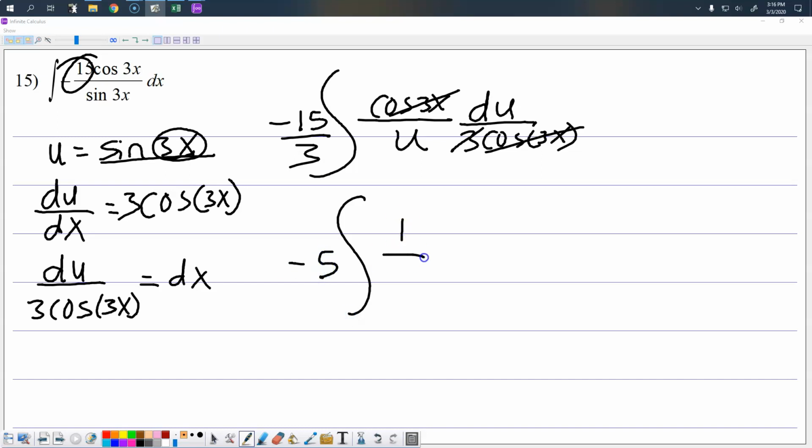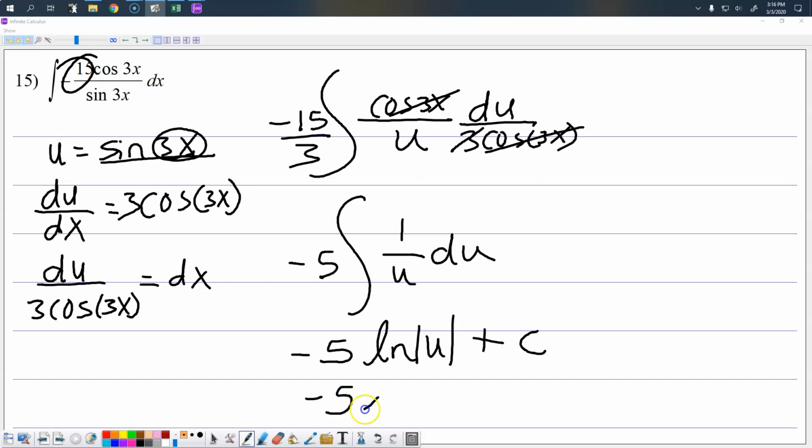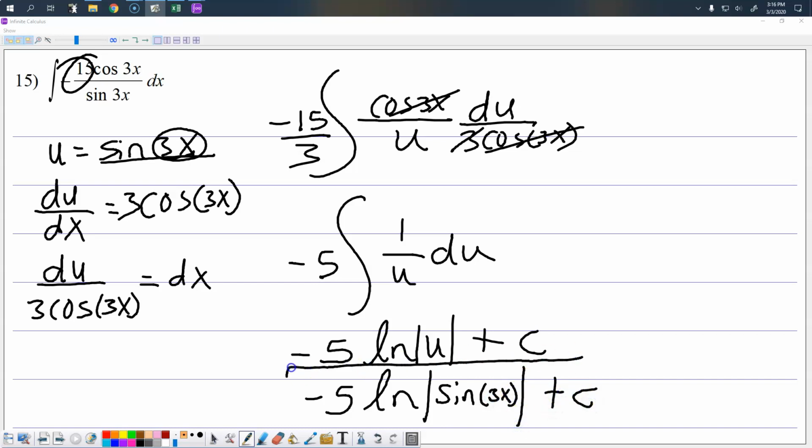And then I'm left with 1 over u du. And that is, once again, an ln problem. We just replace the u with what u equals, in this case, 3x. No, it was not 3x. Sorry about that. It was sine of 3x. And we do want to keep the absolute value bars because sometimes sine can be negative. So the absolute value bars actually do matter on this one.